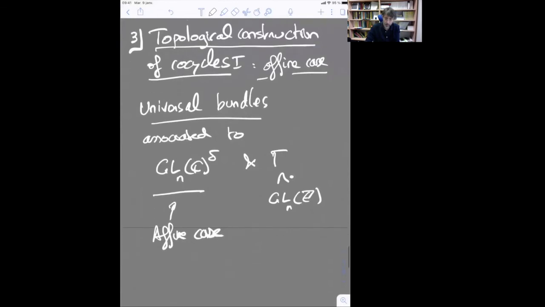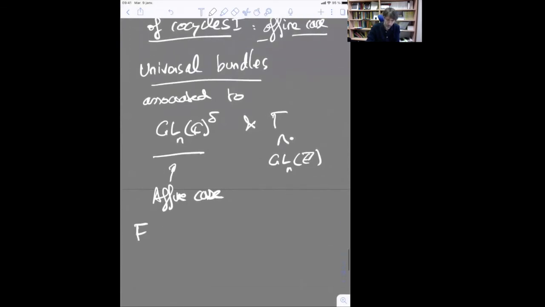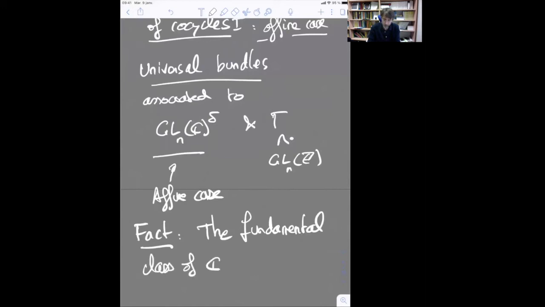And so the fact I want to explain is the following. Consider the fundamental class of C^n minus 0. So C^n minus 0 is homotopy equivalent to a 2n minus 1 sphere. So there is a cohomology class in degree 2n minus 1 of C^n minus 0.